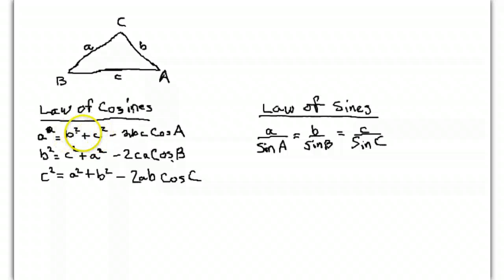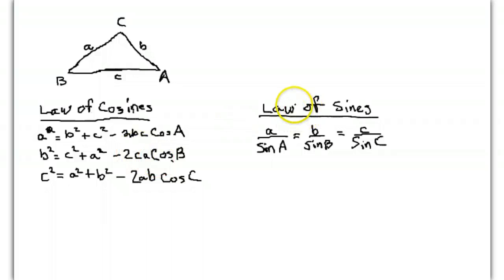They all relate. So b squared, since it starts off with a little b, it's going to end with a big B. It's b squared equals c squared plus a squared minus 2ca cosine B. And then the last one is c squared equals a squared plus b squared minus 2ab cosine C.